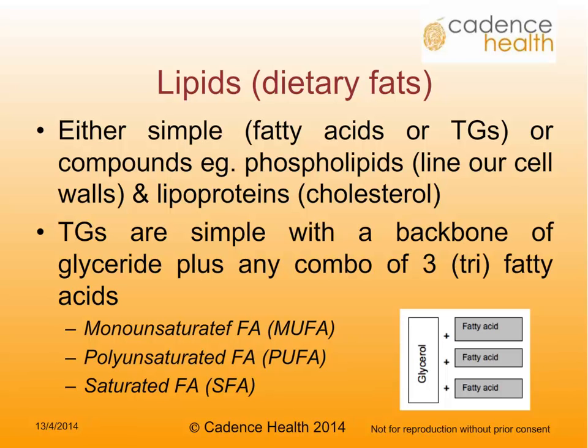Now, phospho meaning it has a phosphorus element to it and it's a lipid. Those particular types of lipids line every single cell in our body. In fact, that particular layer is called a bi-phospholipid layer, bi meaning two. So there's actually two phospholipids joining the membrane together. And it's extremely important in the transmission of messages and information across the cell membrane.